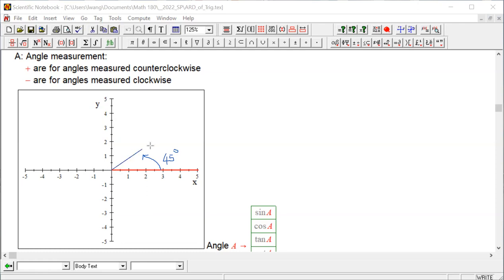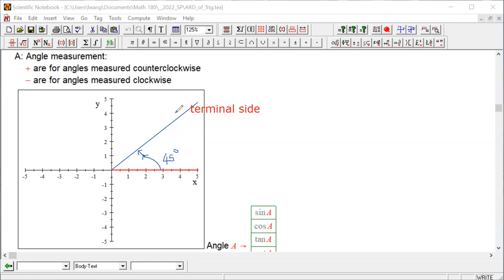We measure from the standard position, and this is the angle, 45 degrees, which is right here. This standard position is called the initial side, and this side is called the terminal side.